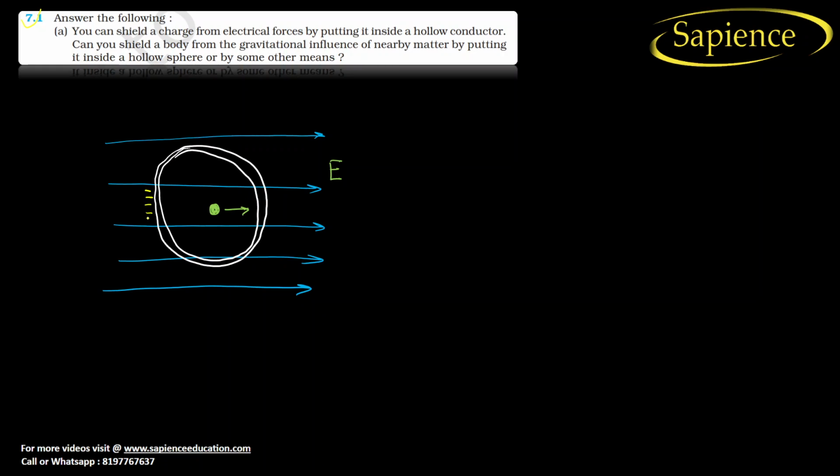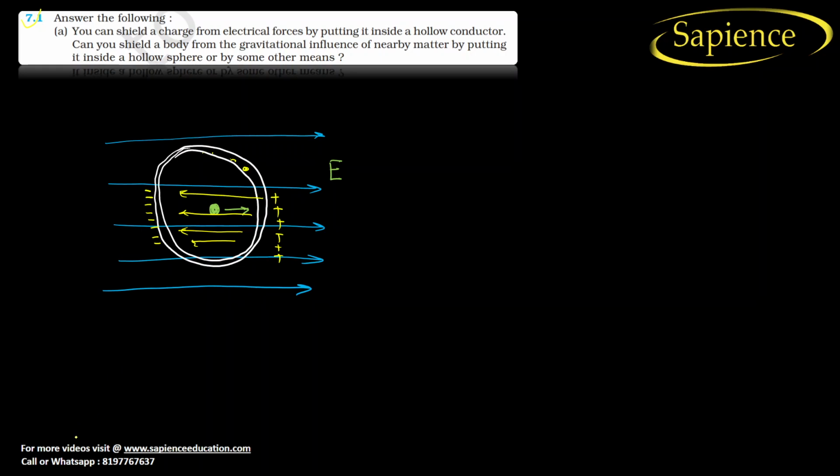That is, there will be an accumulation of negative charge, because most of the electrons due to the electrical field will go this direction and most of the positive charge will come in this direction. So due to this, an electric field will be created in this direction like this.